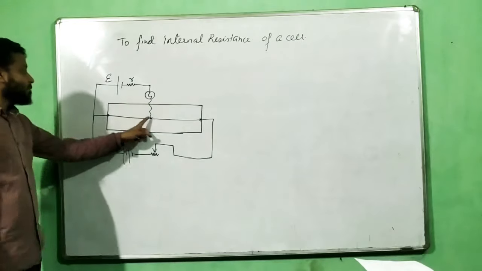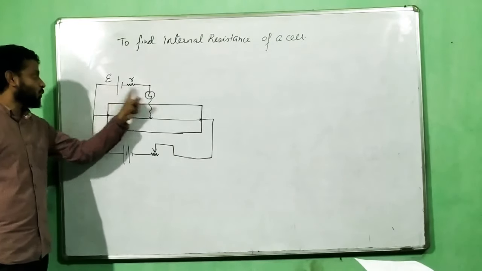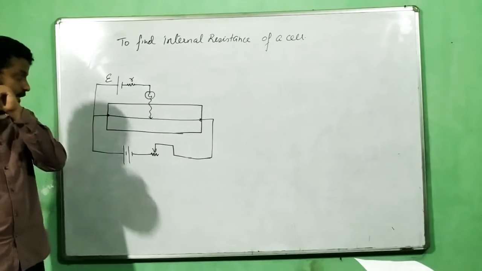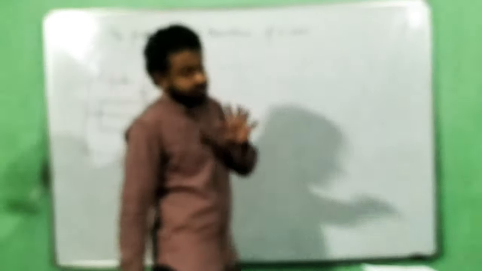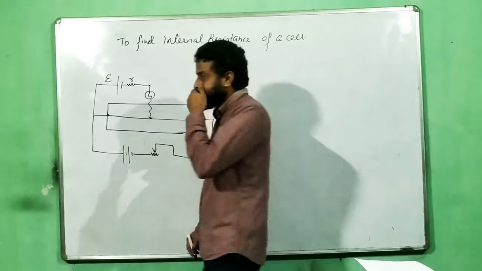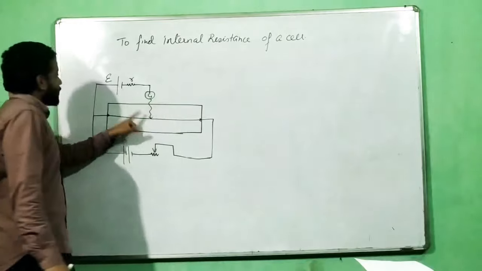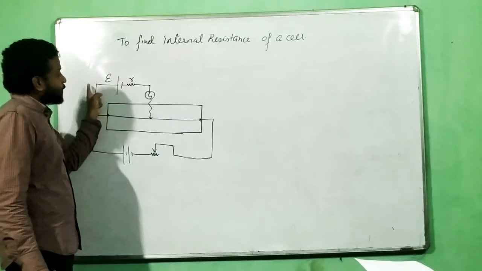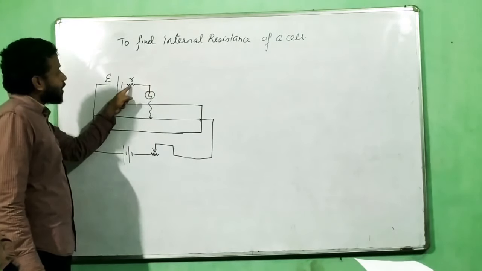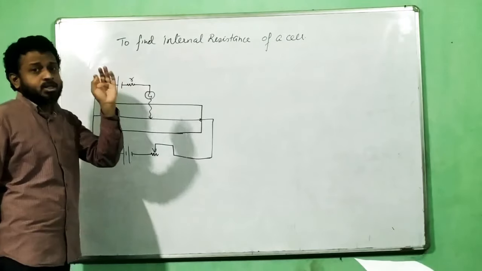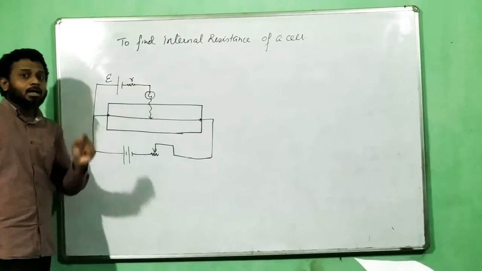Now we have seen that in balanced condition, no current flows through this. Point number one. Understand today's class very carefully. In balanced condition, no current flows through this. If no current flows through this, I will not get a term called I small r because I is 0.